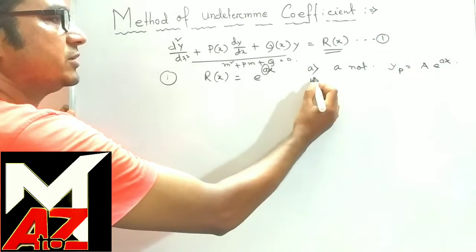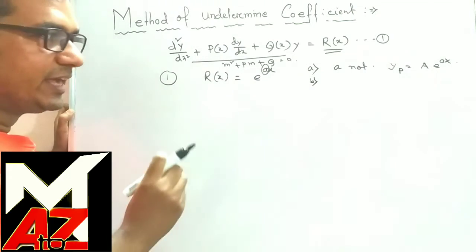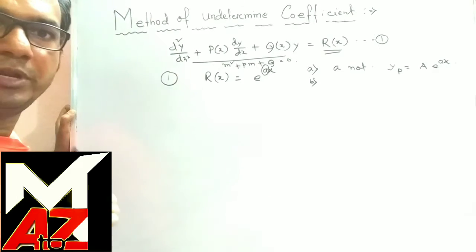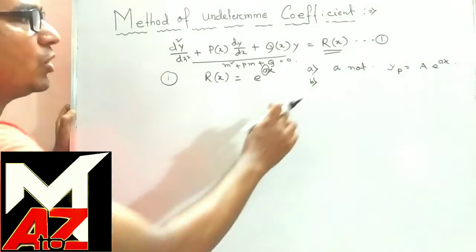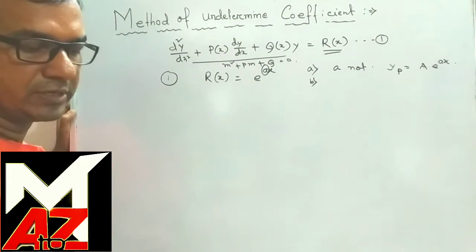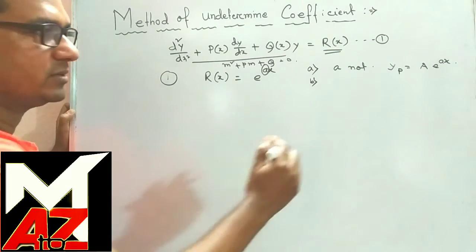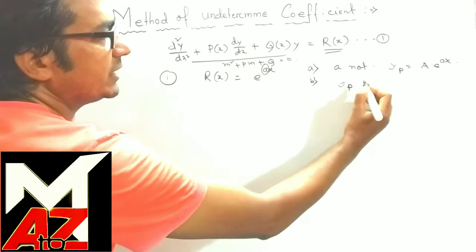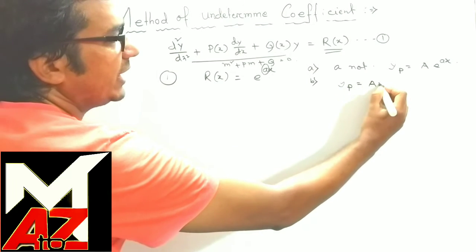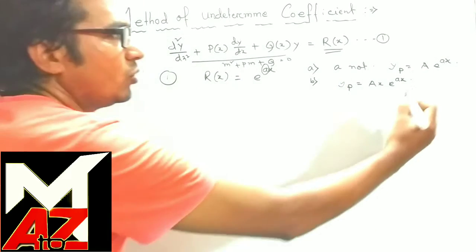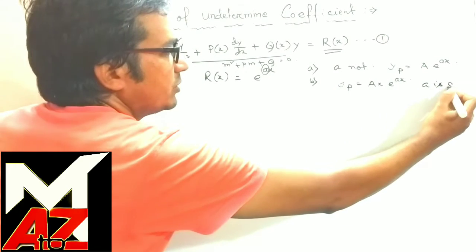Case B, if a is a simple root of the auxiliary equation, then you can take yp equal to A x e to the power ax when a is a simple root.